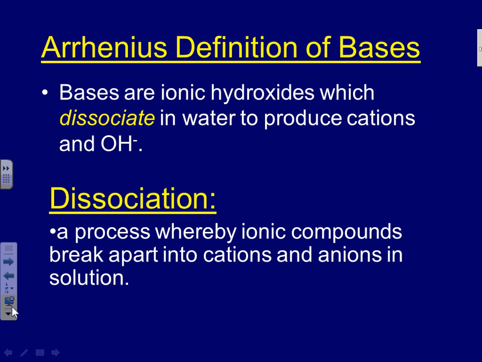So, the Arrhenius definition of bases. According to Arrhenius, what did he consider a base? Well, they're ionic hydroxides, which means they have to have a metal on the front and a hydroxide on the end. And they dissociate in water to produce the cations, whatever's with the metal, and the hydroxide. We've already seen dissociation.